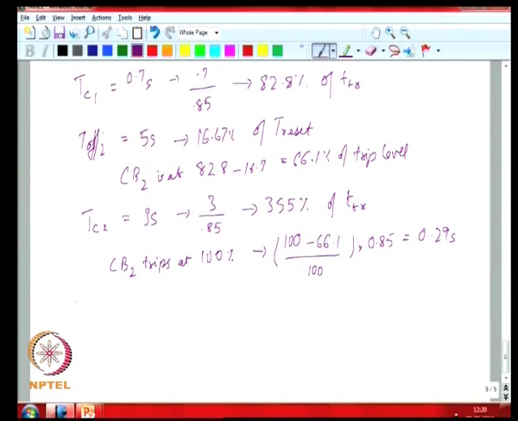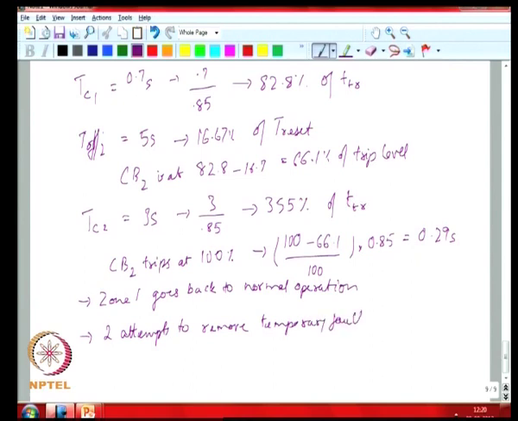So, at this particular condition, essentially zone 1 goes back to normal operation, because the current level returned to the nominal loading of that particular zone, and what the recloser did was it made 2 attempts to clear a temporary fault in zone 2, and because it was permanent, it tripped the breaker before the recloser locked open.